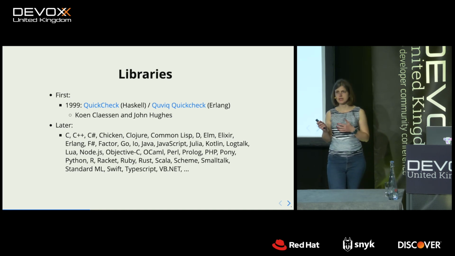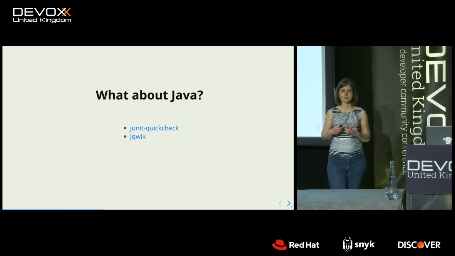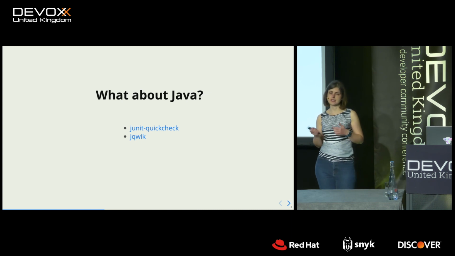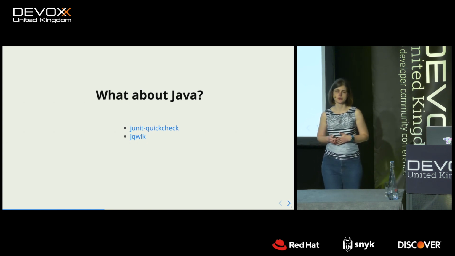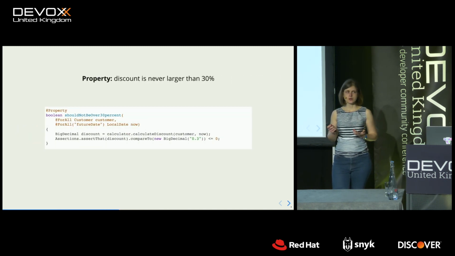For example, the Scala implementation is pretty good here. And what about Java? In Java, I think right now we have 2 mature and actively developed libraries for property-based tests, JUnit QuickCheck and jqwik. And during this presentation, the examples will be in jqwik. I recommend that. But all that I'm talking about here, you can implement easily in all other property-based testing libraries in all other languages. So let's see the code.